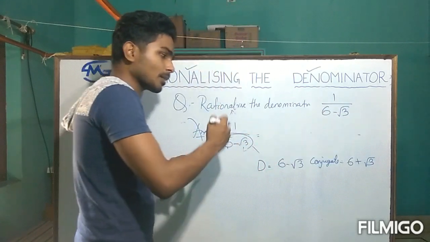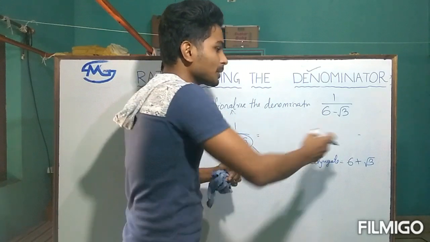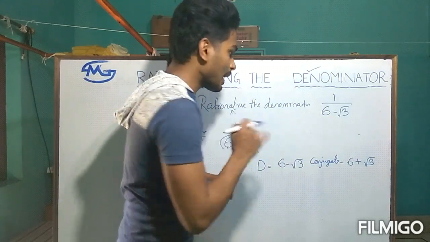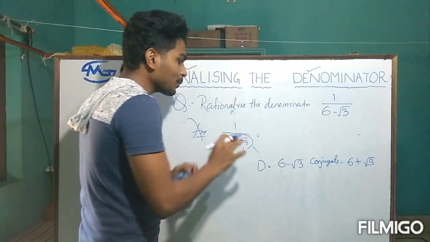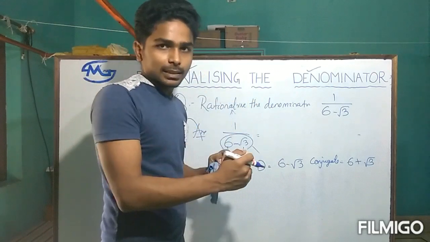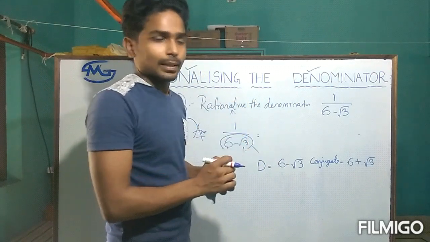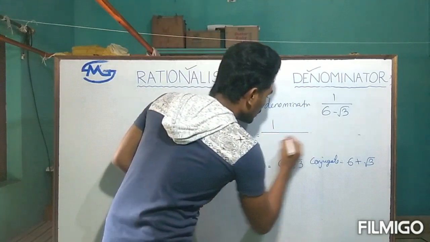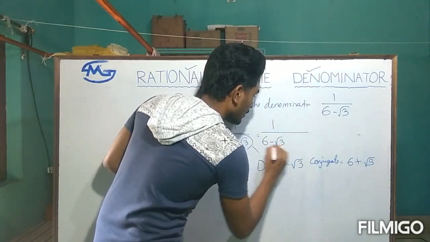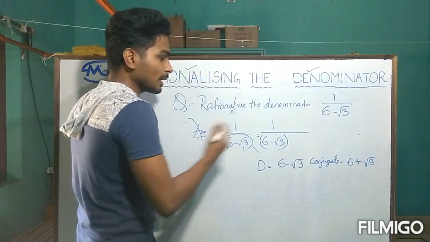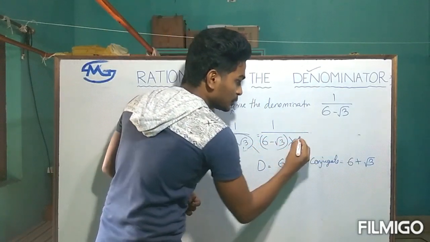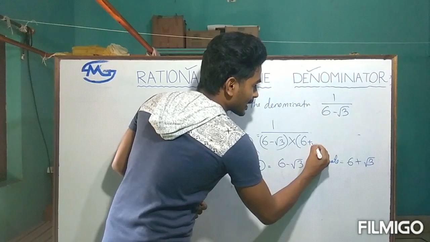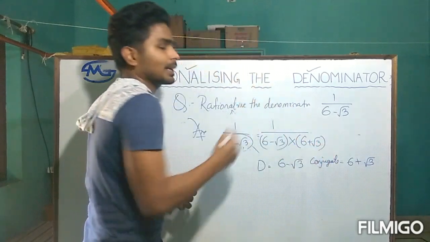Now what we will do, we have to now multiply that conjugate with the denominator. So this is the denominator, we have to multiply the conjugate, okay, with the denominator.